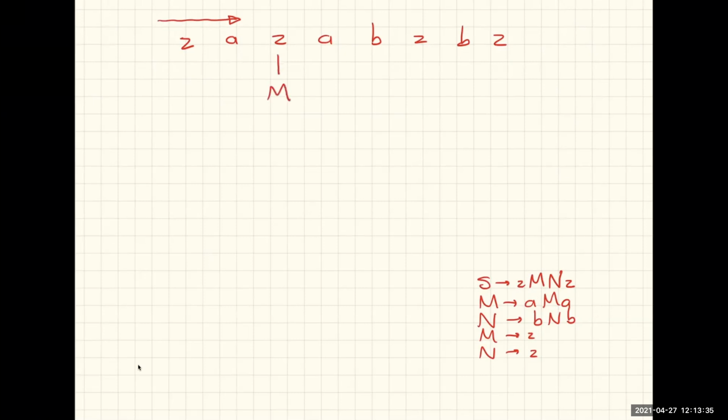Okay, remember we are analyzing from left to right. So now that we can convert this symbol, we have here A M A, which we can convert to M. So we will do that. Okay, now we have Z M, which looks very similar to this one. And then we need an N here. How to get an N?